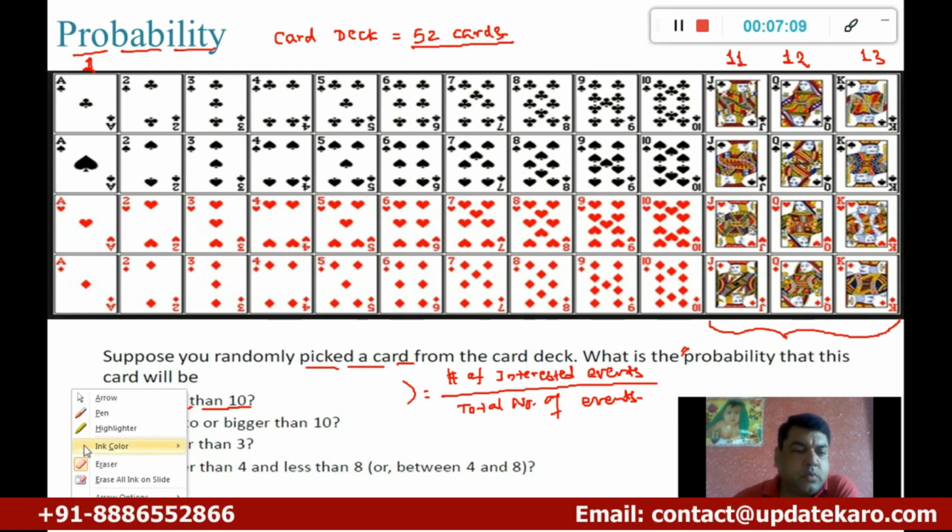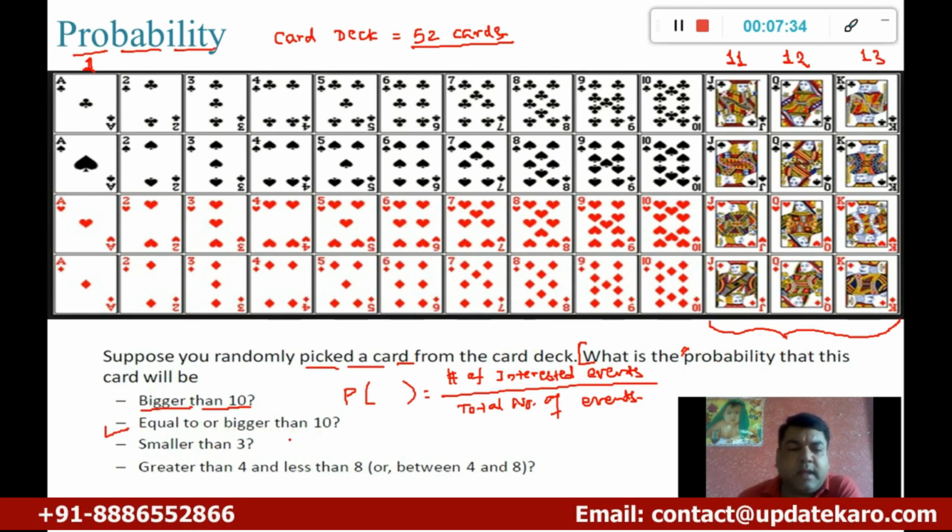Now we are interested in finding out the probability that this card will be equal to or bigger than 10.